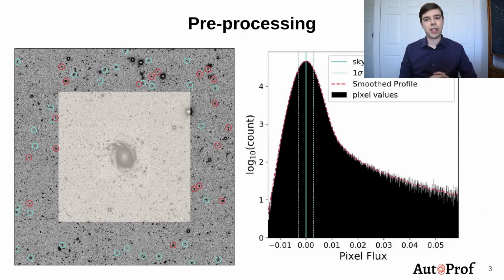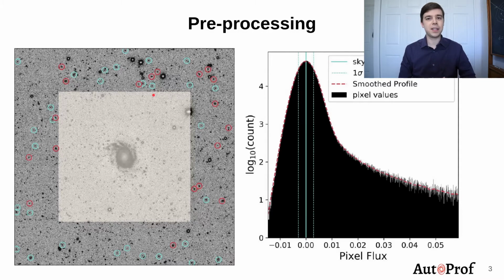Before we can extract a surface brightness profile, because AutoProf is intended to work straight from an image, it needs to learn a little bit about that image before it can go any further. The first step is a bit of pre-processing. You can see these cyan and red circles around the image. These are identified point source objects, where the cyan ones are identified as likely stars.